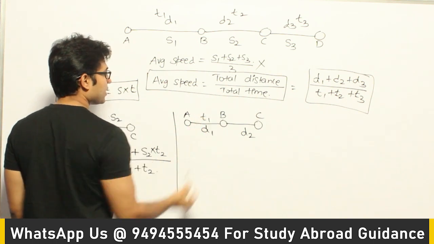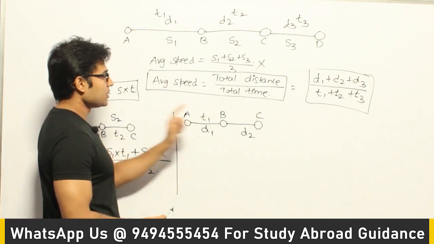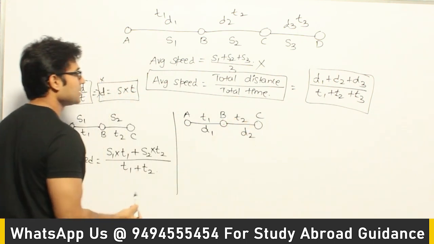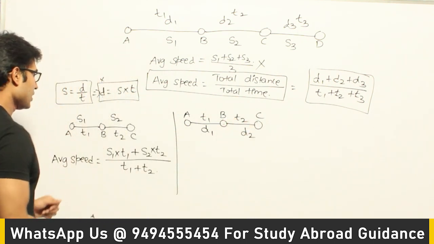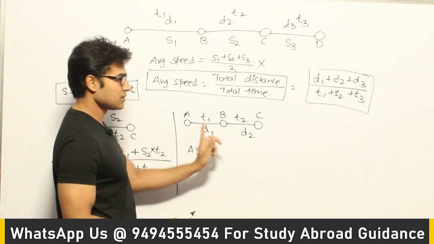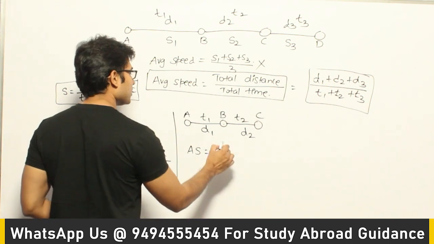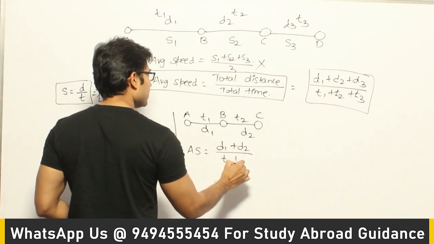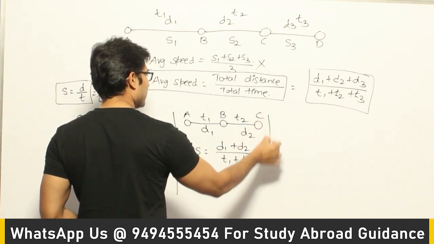So let us say the time taken for him to cover from A to B is t1 and for him to cover from B to C is t2, right? So in this case, if speed is not given, then how can you derive the average speed? Average speed is equal to total distance divided by total time. So all the parameters are there, d1 plus d2 divided by t1 plus t2, right?